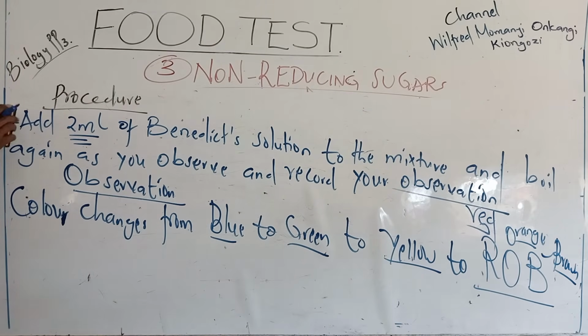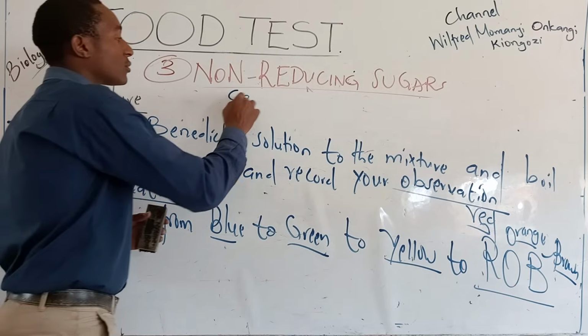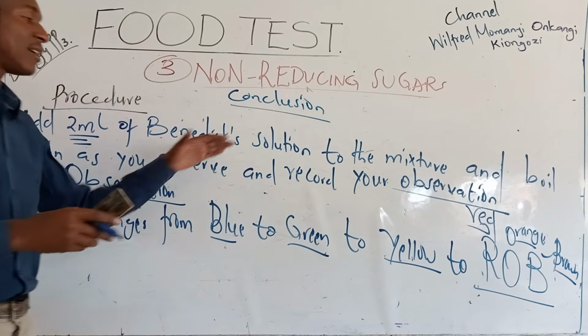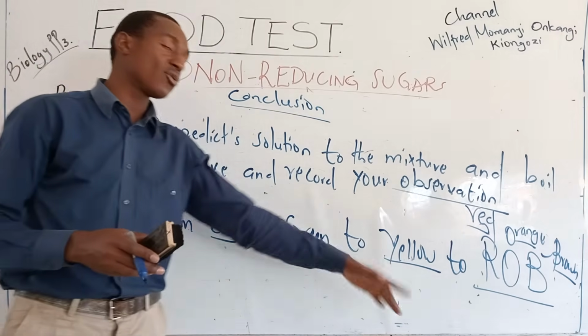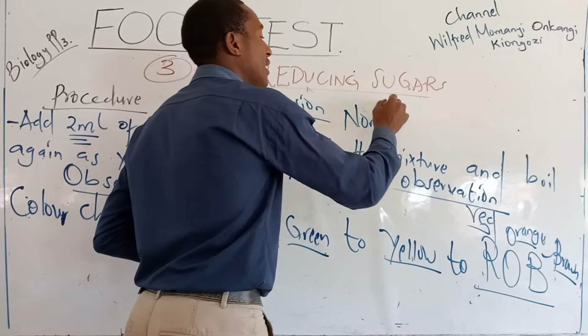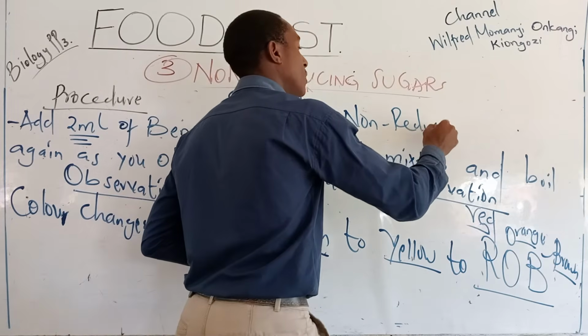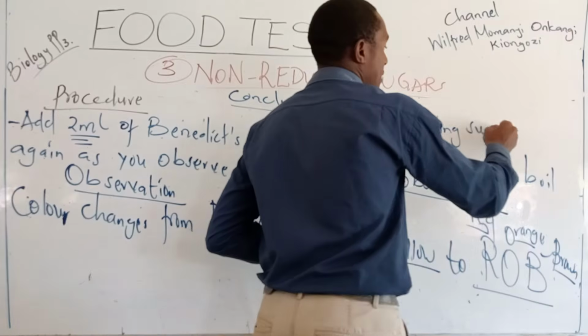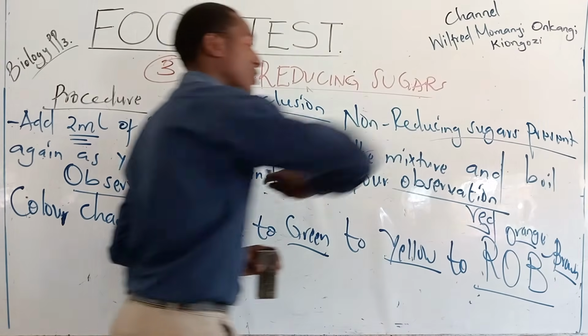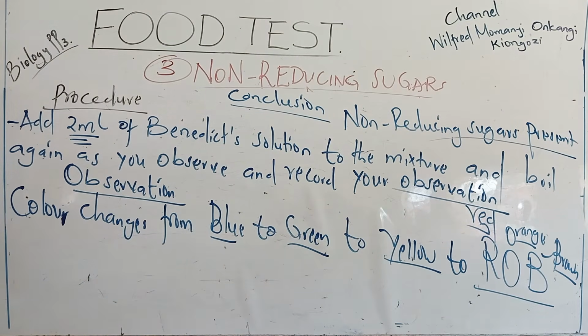And in the conclusion, now that this procedure looks like the reducing sugars, we don't say reducing sugars, we say non-reducing sugars present. So that is all about reducing sugars, non-reducing sugars.